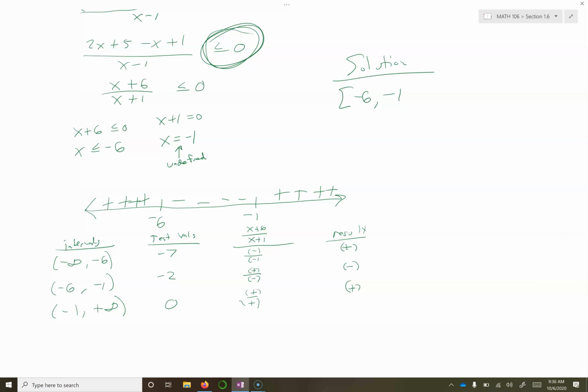Remember, a square bracket indicates you're including that number. Do we want to include -1 here? I don't think we do, right? Because it's going to make the whole thing undefined. So we're just going to have parentheses. These really make you think. These are definitely applying more mathematics than just solving equations.